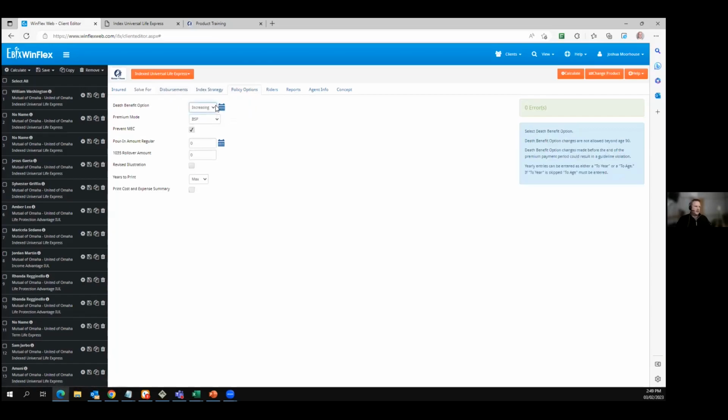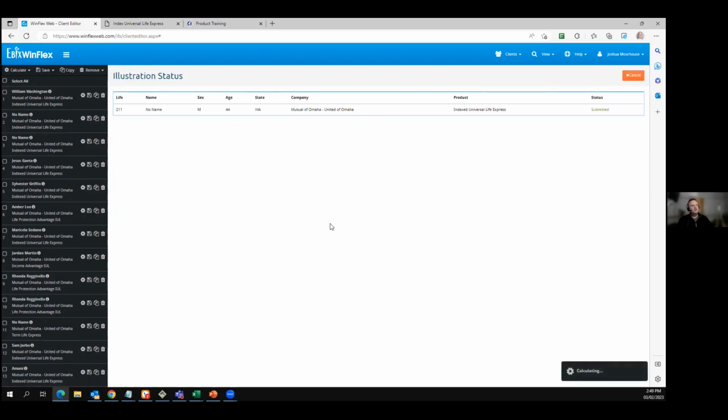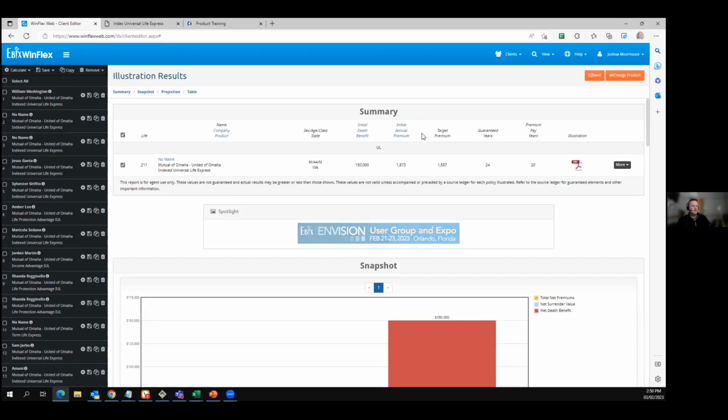Then under policy options, we'll go back to the level death benefit, and we can recalculate. All right, so on here we have the 150,000.